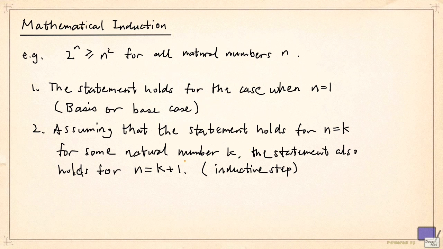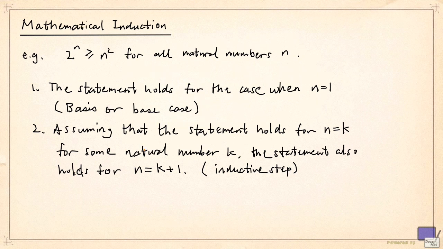To get an idea why this is sufficient to prove the statement for all natural numbers n, suppose that the basis has been established. Now, if the inductive step is also established, then that means the statement must be true for n equal to 2 because it is true for n equal to 1, and the inductive step tells us that the statement must also be true for n equals 1 plus 1, which is 2.